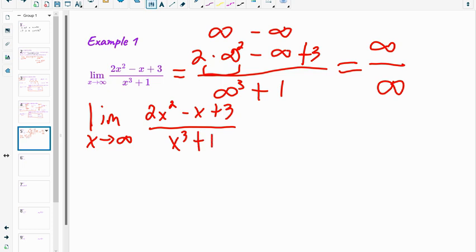So the trick here is we're going to multiply by 1 over the highest exponent. The highest exponent here is x cubed. So we're going to multiply this whole thing by 1 over x cubed. Now, obviously, what we do to the bottom, we must do to the top. So 1 over x cubed. Let's go ahead and distribute this.